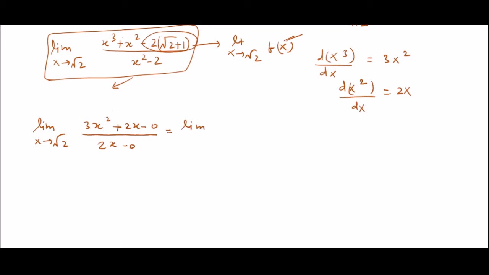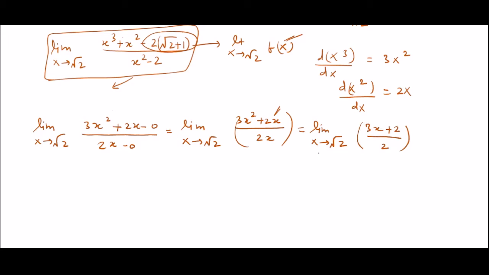So we get limit x tends to root 2 3x square plus 2x upon 2x, right? So if we take the variable x as common, we can write it as limit x tends to root 2 3x plus 2 upon 2.